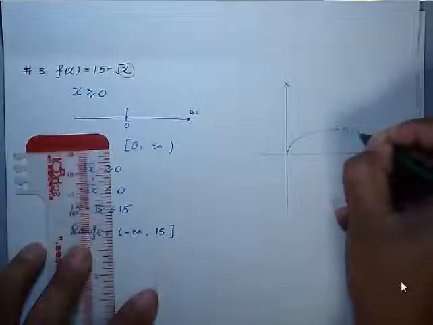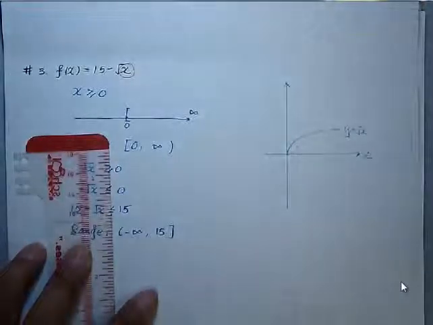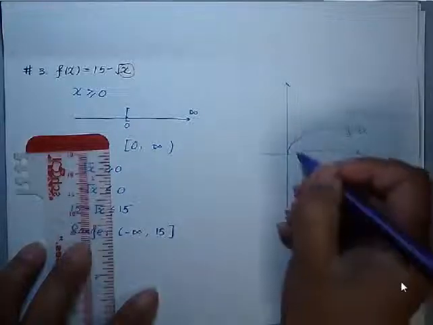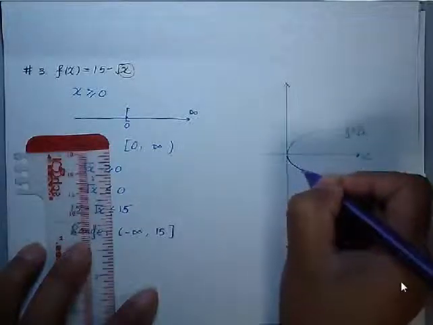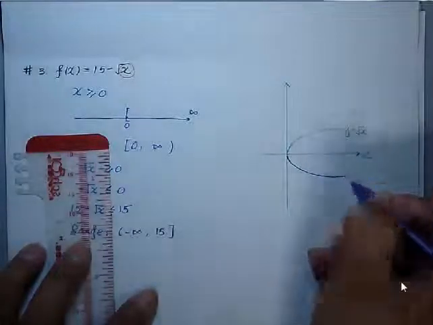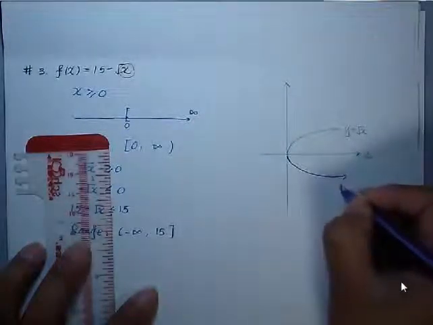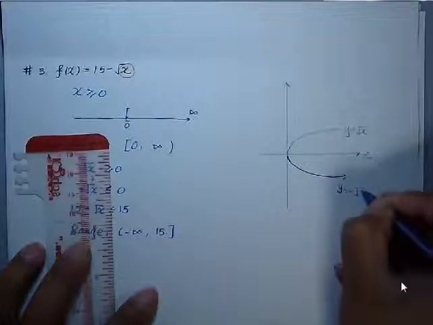Y equals square root of x. Now use the transformations. Think about the negative square root of x. That will be the reflection about the x-axis, so the graph goes like a mirror image. So this is the graph of y equals negative square root of x.